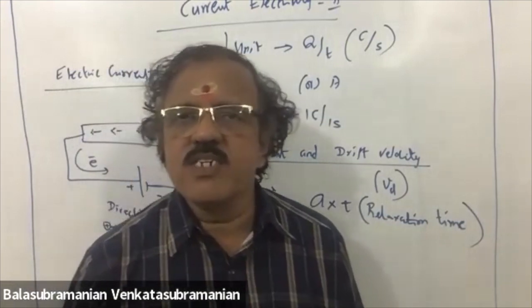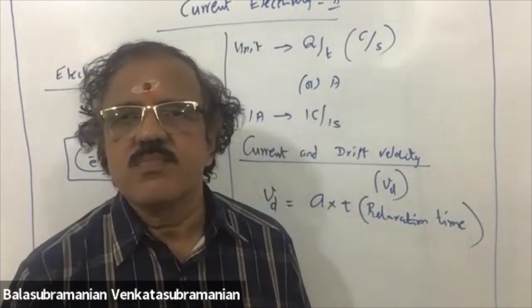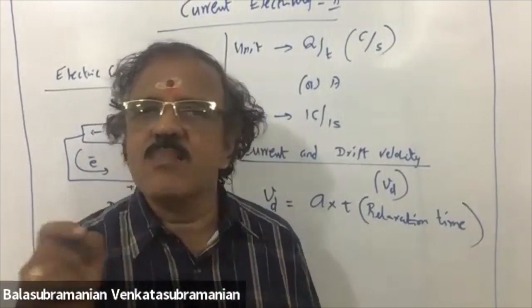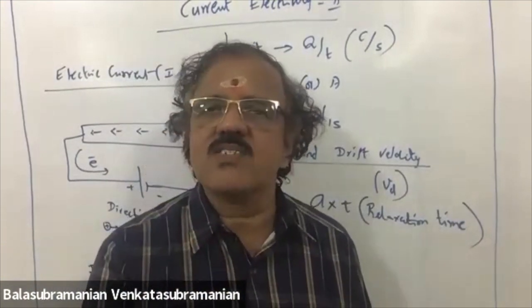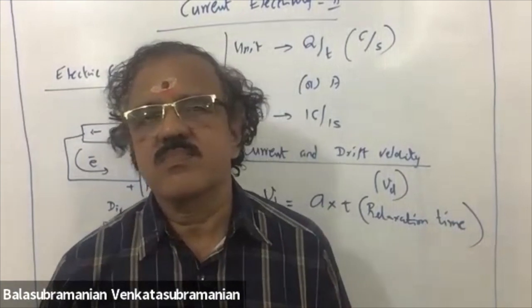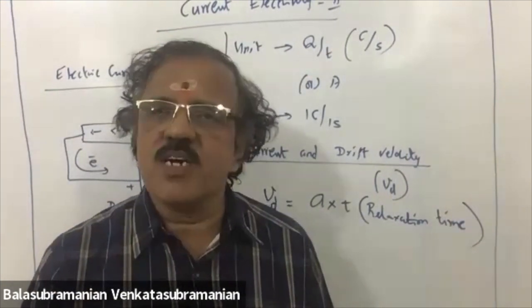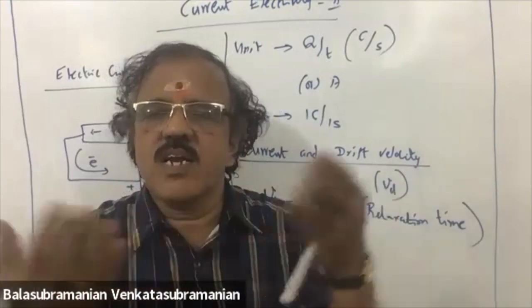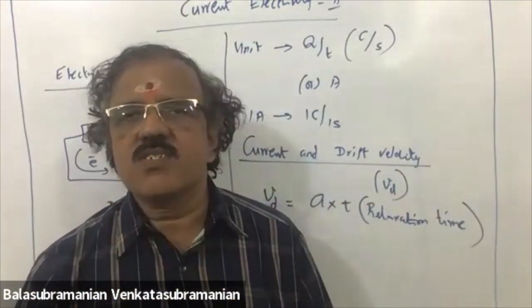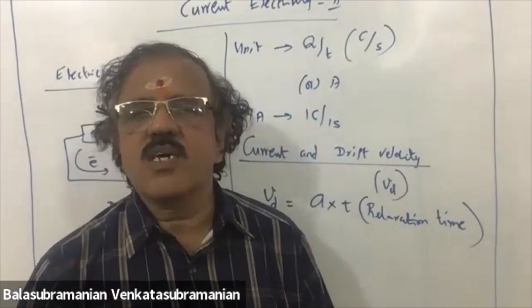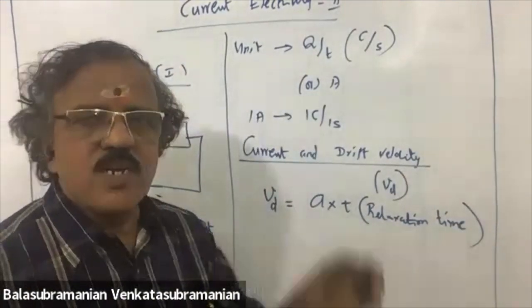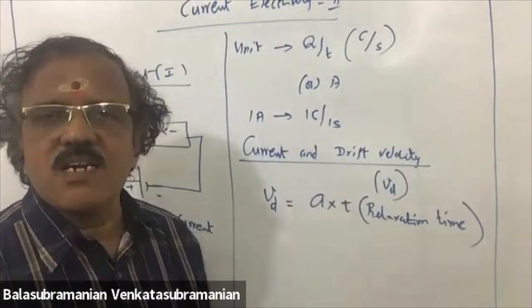Electrons may suffer collision between one another. Between two successive collisions, the time taken, we call it as relaxation time. Accelerated because of external electric field, between any two successive collisions, the time taken by the electrons.